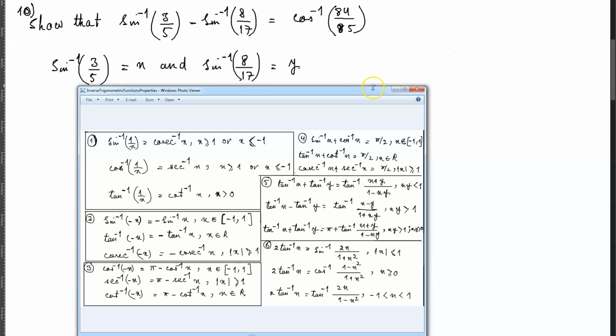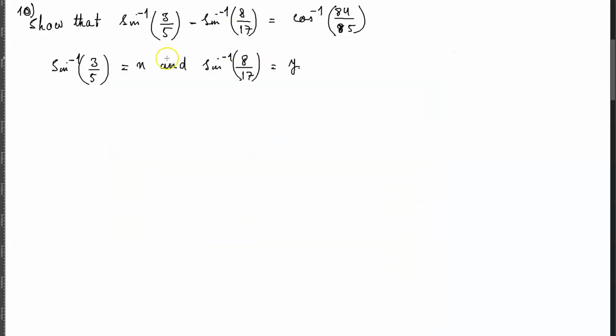Let's not do that. Now, the way that has been used in this exercise is that they have written the sine inverse of 3/5 as some value like x, and the sine inverse of 8/17 as some value like y.